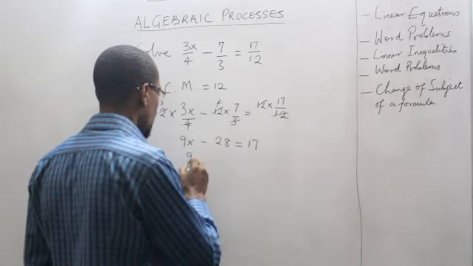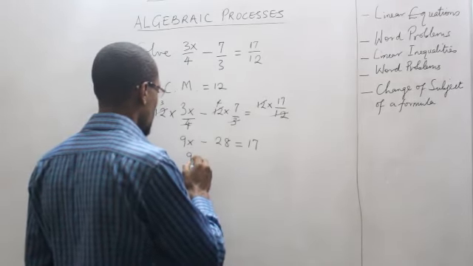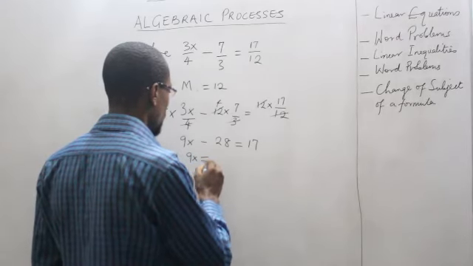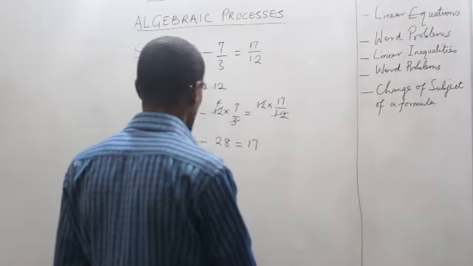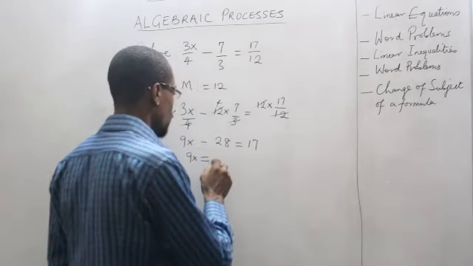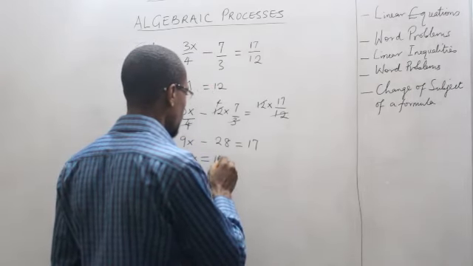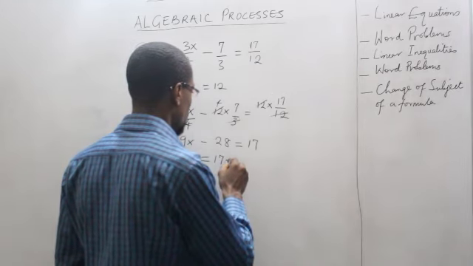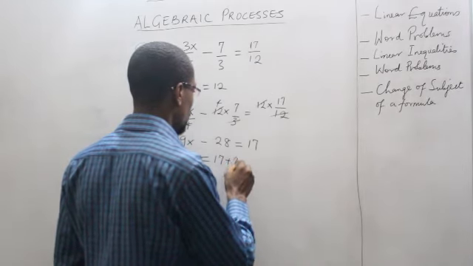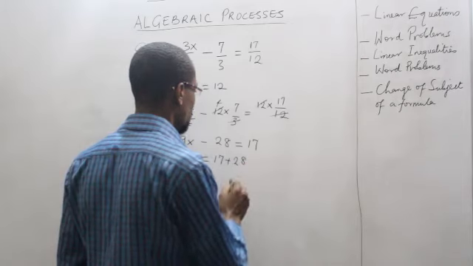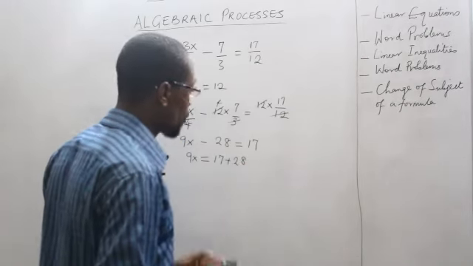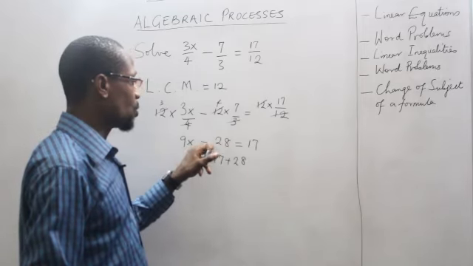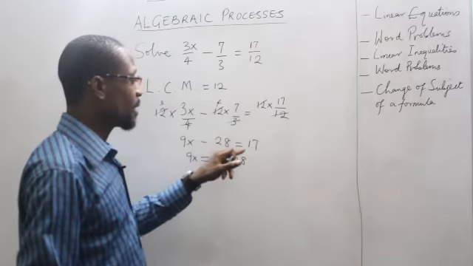So 9x, by the time we subtract 28 from both sides, or we add 28 to both sides of the equation, we will have 9x equal to 17 plus 28. Of course, you can say you add 28 to both sides of the equation to cancel its effect here.